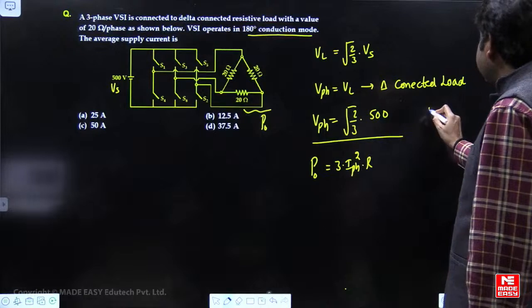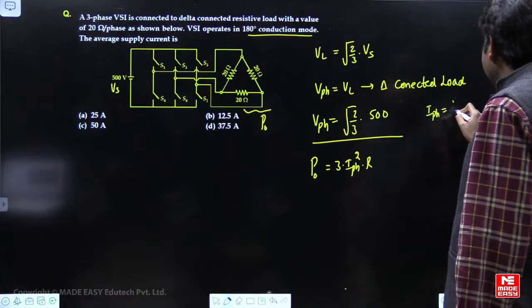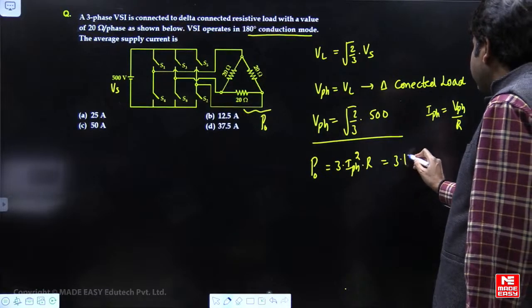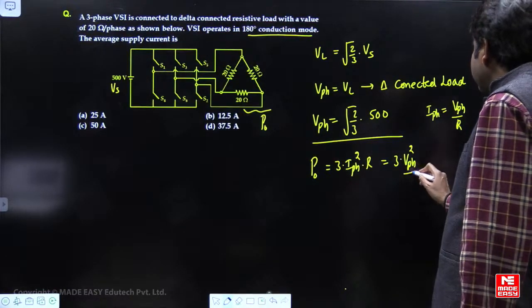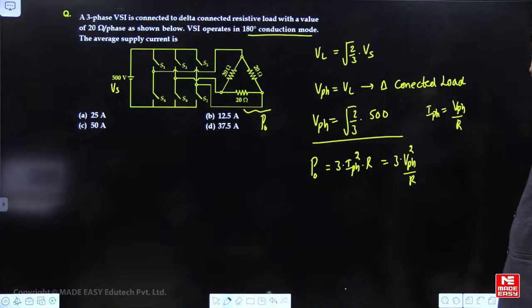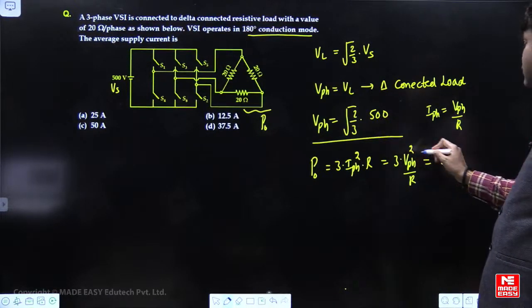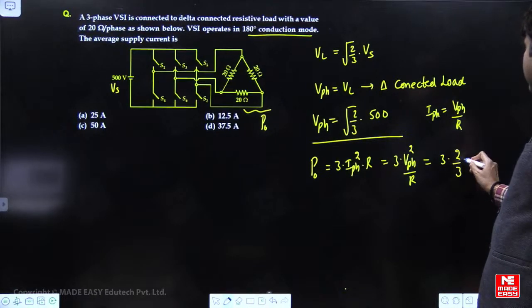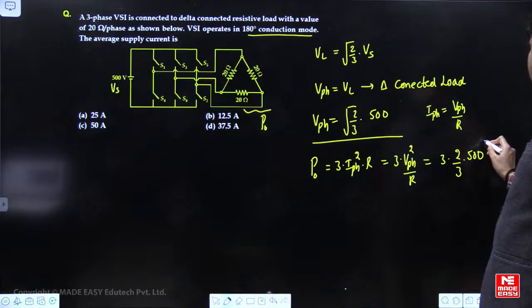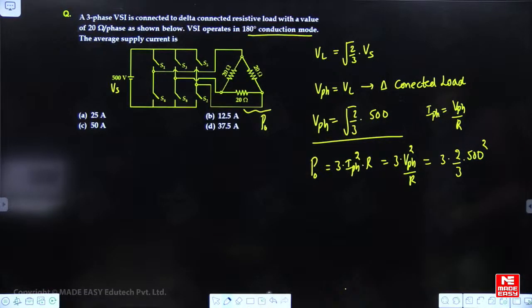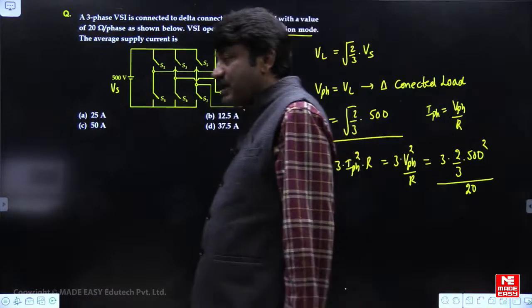Phase current equals phase voltage by load resistance, so that can be written as 3 times phase voltage whole square by R. Substitute the values: 3 into (root 2 by 3 into 500) whole square, divided by the load resistance in each phase, 20 ohms. So tell me what is this value?